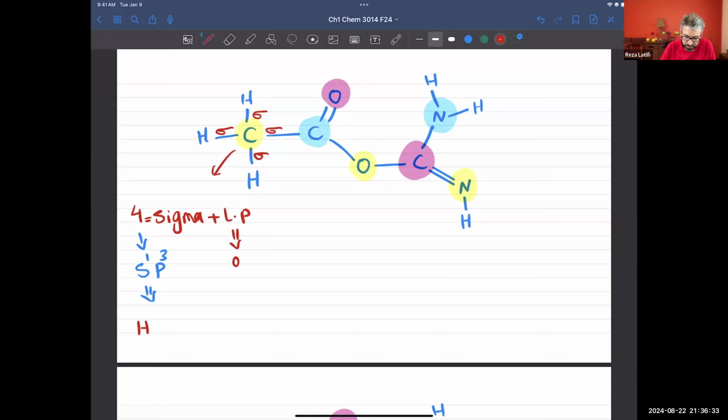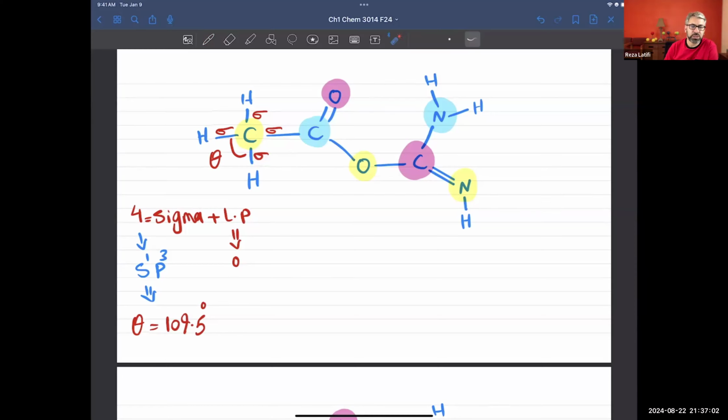For example, between these two hydrogens, I expect theta to be around 109.5 degrees. You can assign theta somewhere here, and that theta is also going to be around 109.5.